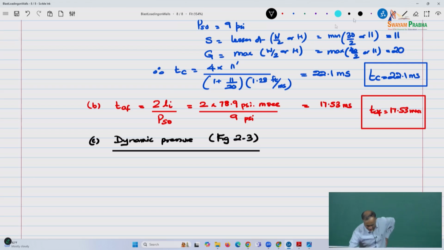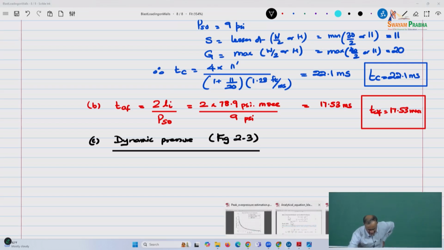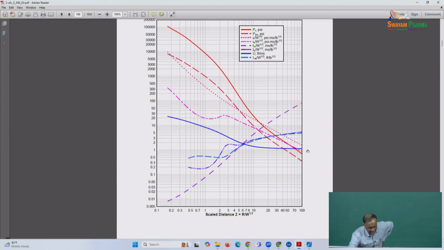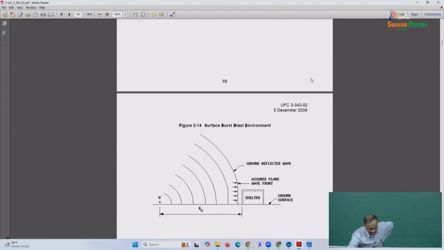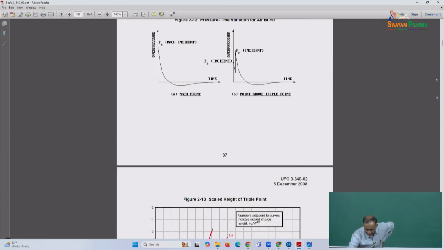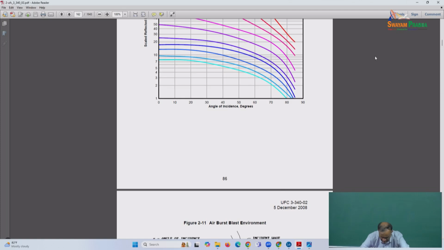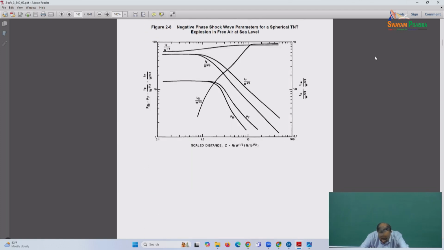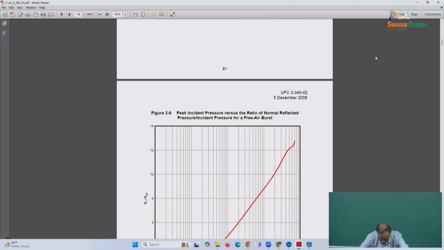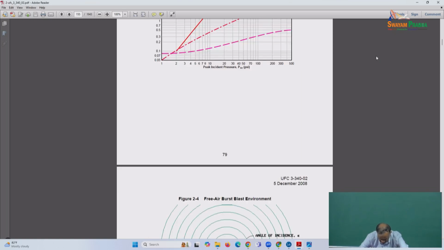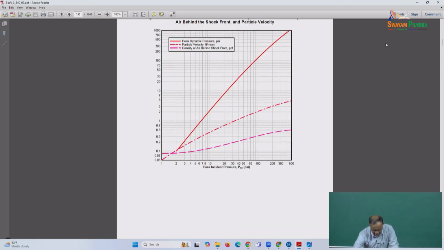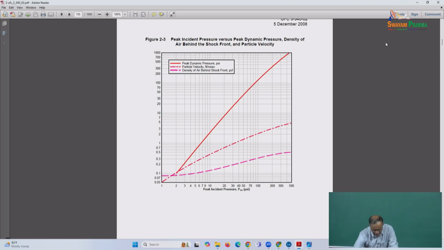So let's get familiar with that now. Based on PSO, you get the peak dynamic pressure, particle velocity. Again, this is something I had shown yesterday.